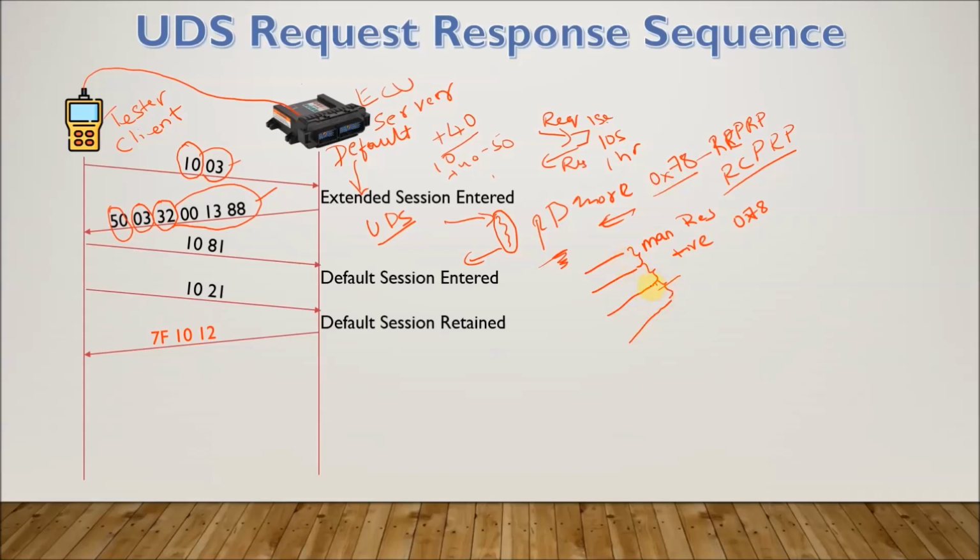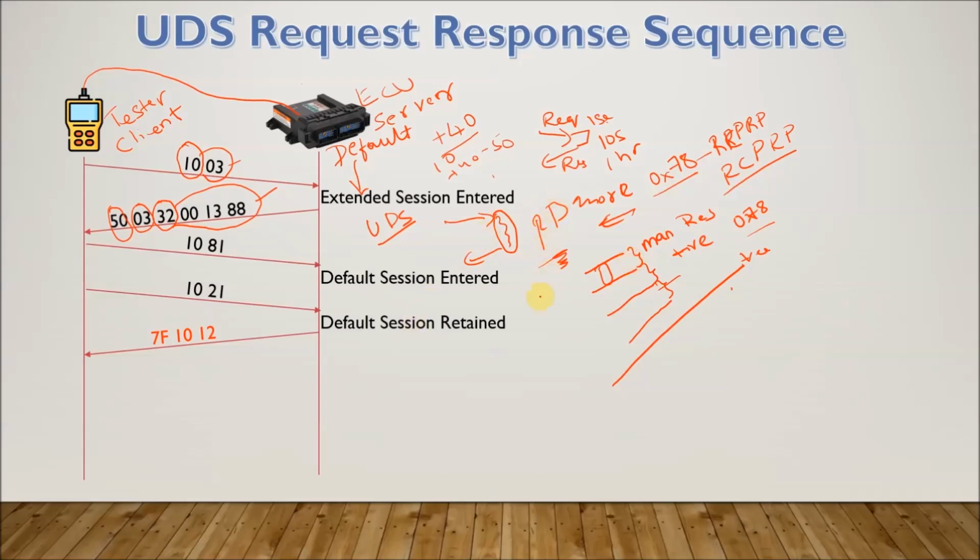So this is one time, and then there is an upper time limit after which it can no longer send NRC 78. It has to send a positive response, or the tester will consider there is no response and will drop that service. So this time, where a response is mandatory, either a positive response or a negative response with NRC 78, is a must.